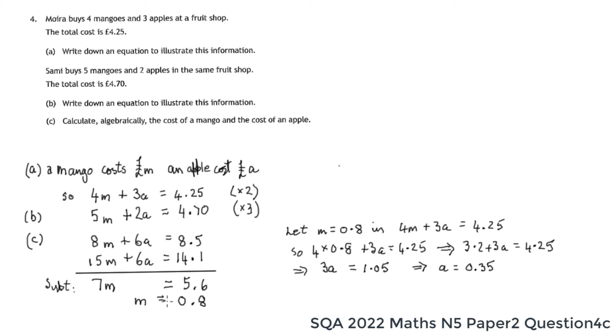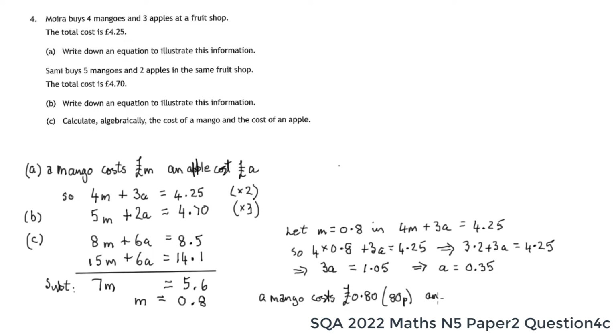We've found the values of m and a, so let's just state what we've found. A mango costs 0.8 pounds. That's 0.80, 80 pence.